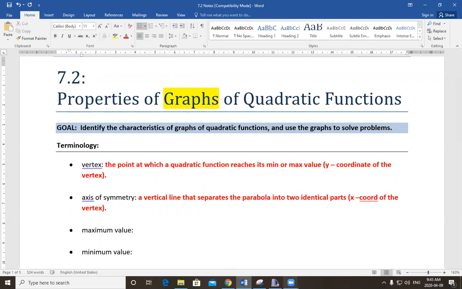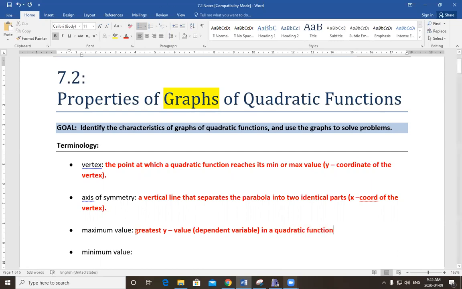The maximum value is the greatest y value, which is the dependent variable in a quadratic function.